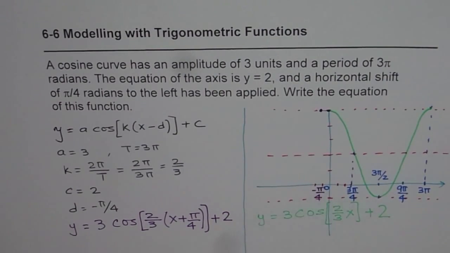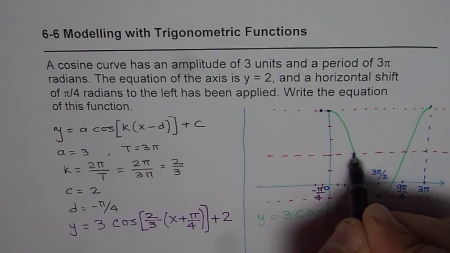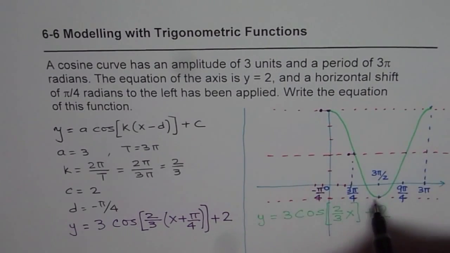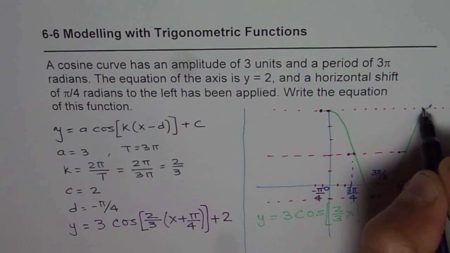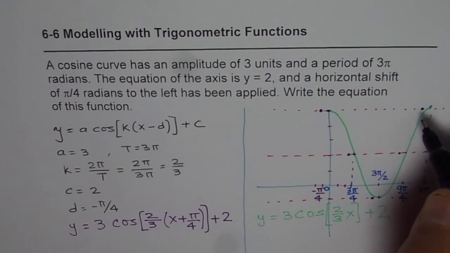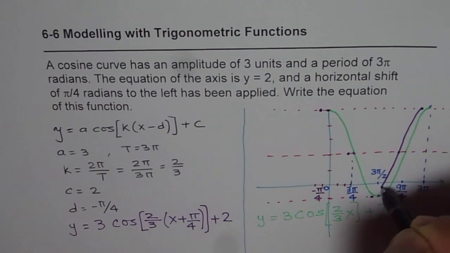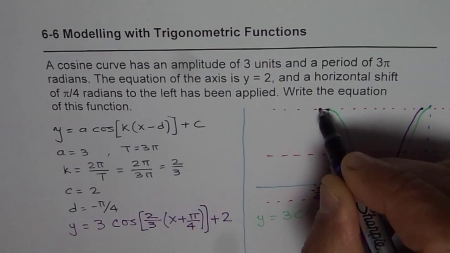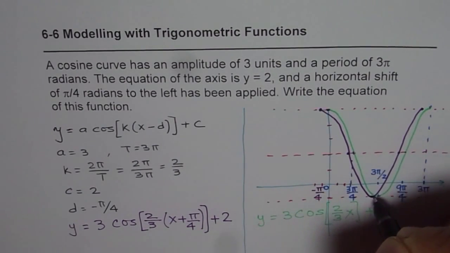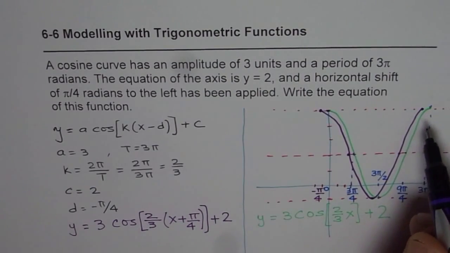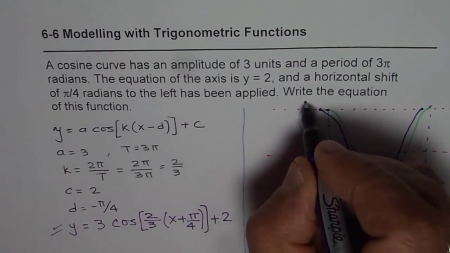Every point can be translated pi by 4 units to the left. If you join them, and if you do it on graph paper, you will get a very accurate result. So that becomes the required function.